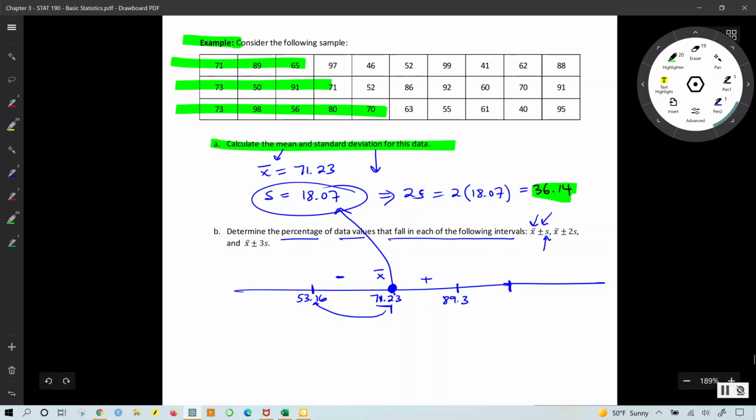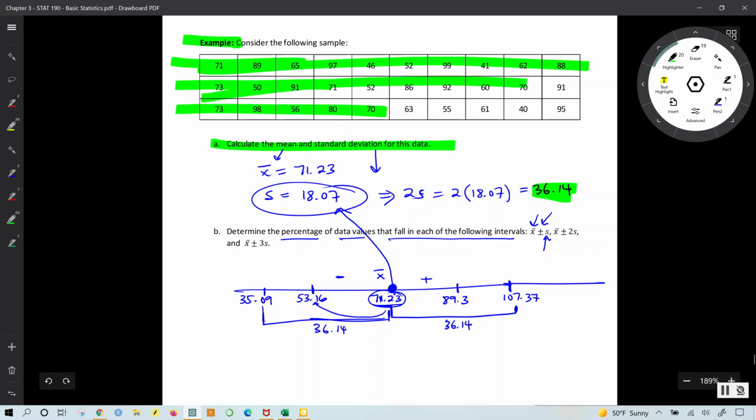So from the mean, if I take two standard deviations forward, that is a jump of 36.14 added to 71.23, that will take me to 107.37, and from here, if I take a jump of two standard deviations backward, that will be 71.23 minus 36.14, that will take me back to 35.09. Observe immediately that all of these data values already fall within this range.